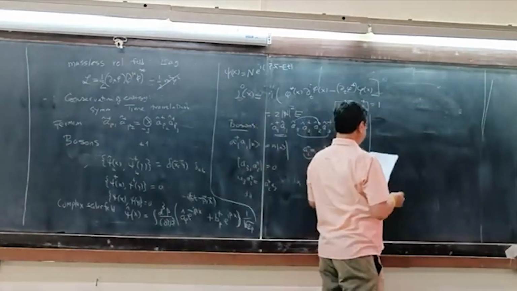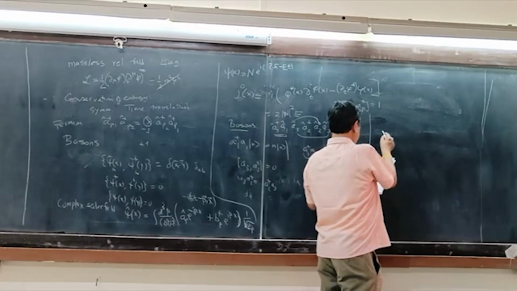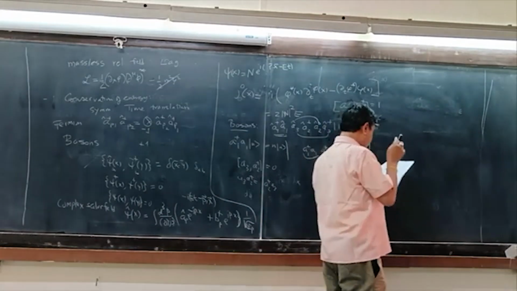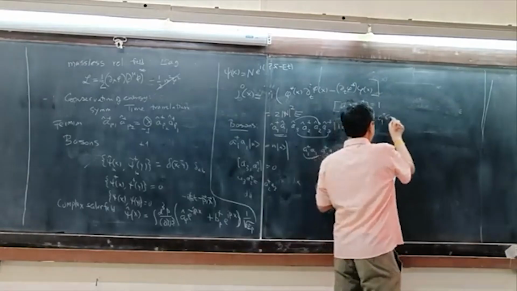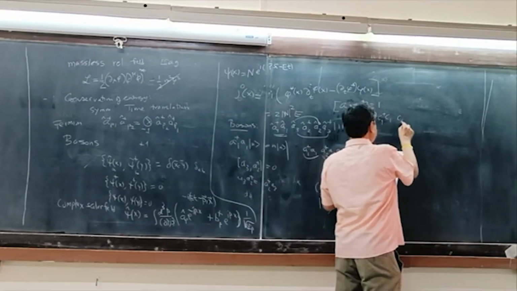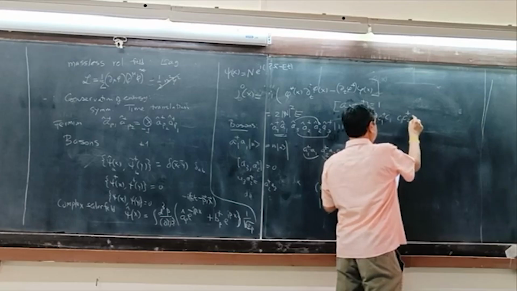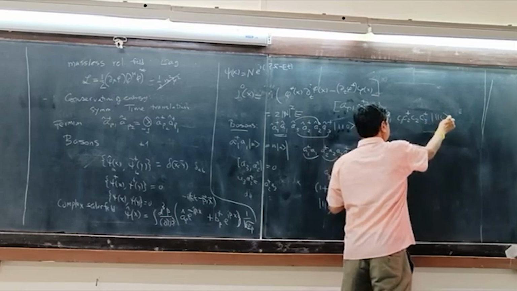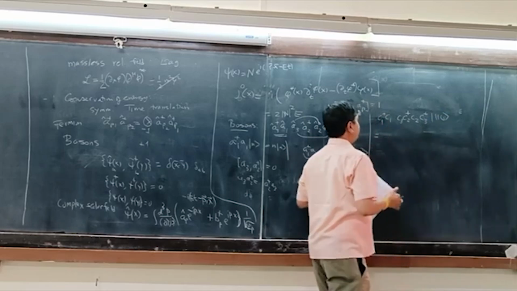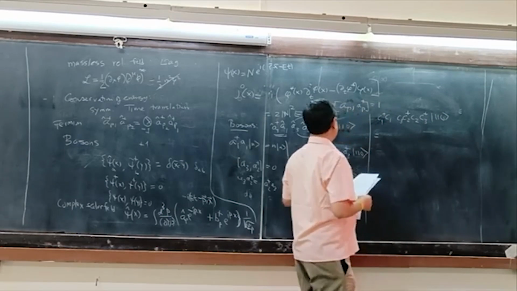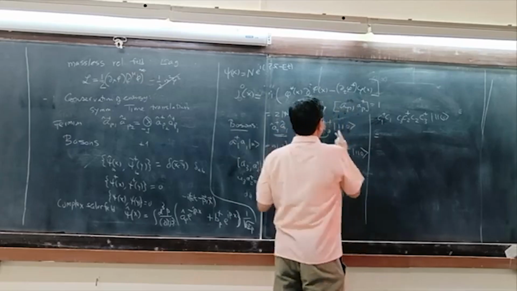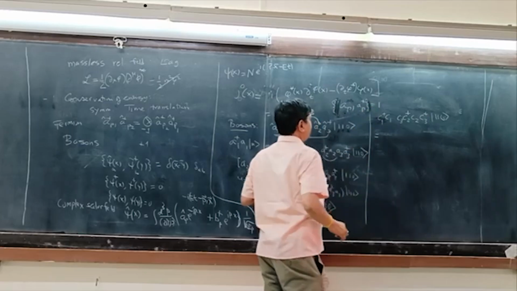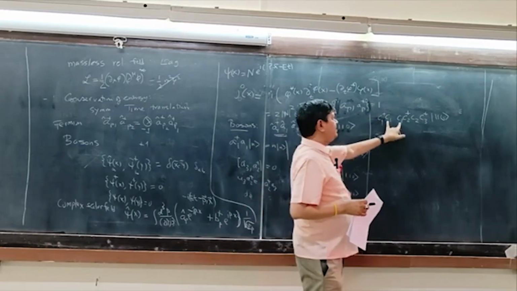Now let's look at the next problem. So this is a fermion now, okay? So fermion is a bit tricky. So C1 dagger, C1, C3, C2 dagger, C2, C3 dagger. Now they're fermions, so we replace the commutator by the anti-commutator.